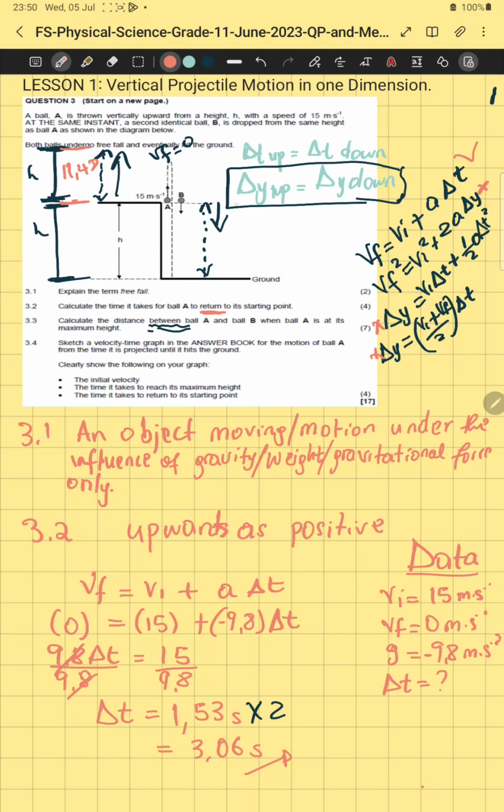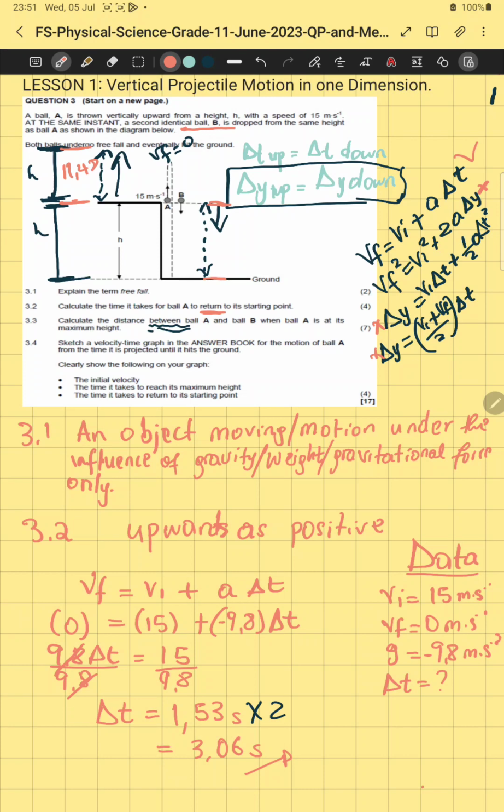All right, and then now to get the height from here up to the ground, remember the statement said the same height as ball A, and remember ball A was traveling with 15 meters per second. At the same instant, a second identical ball B is dropped.